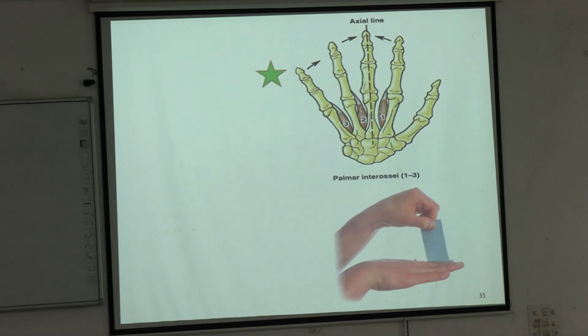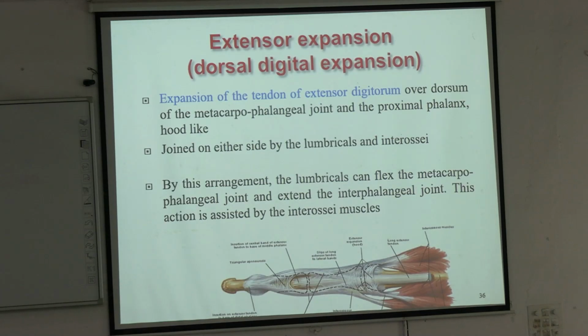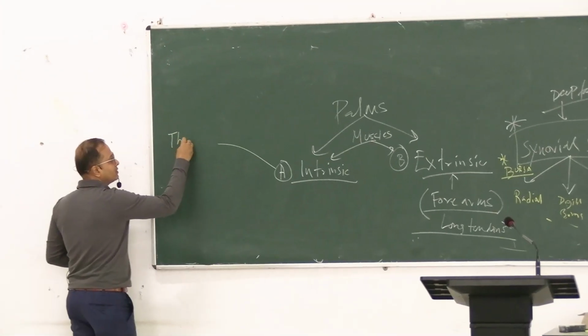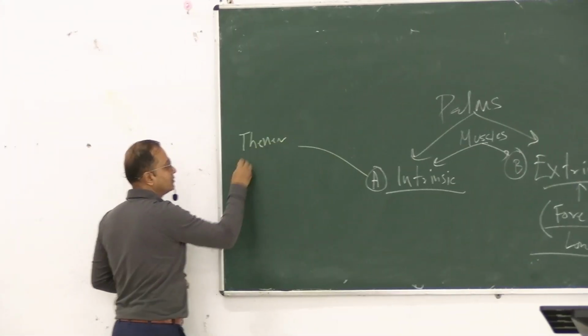If you make the fingers spread wide and come close, abduction and adduction of the fingers, that is done by these muscles we call interossei.